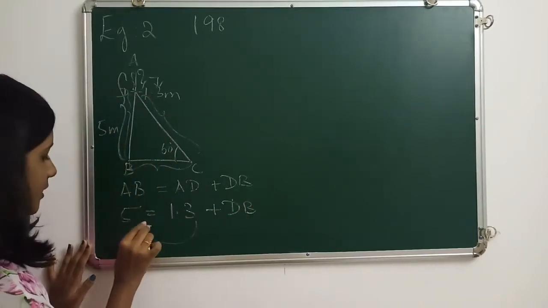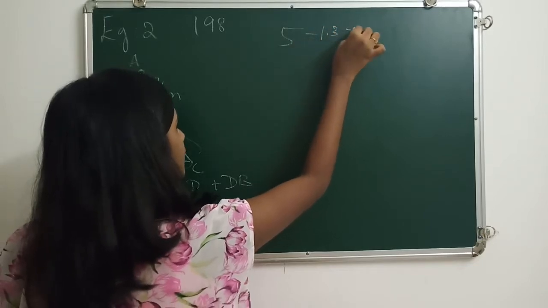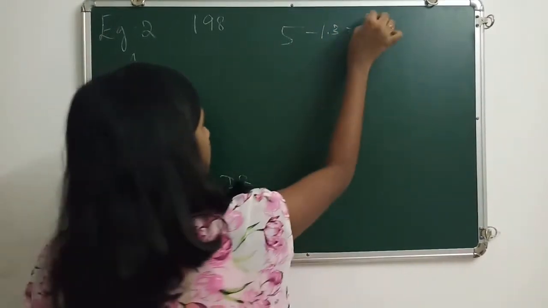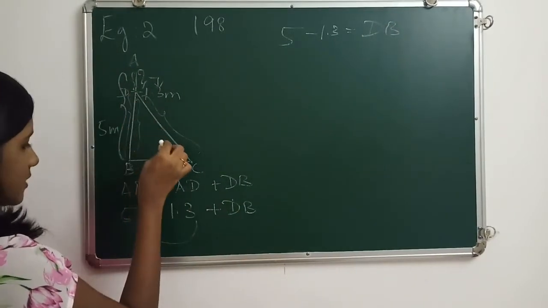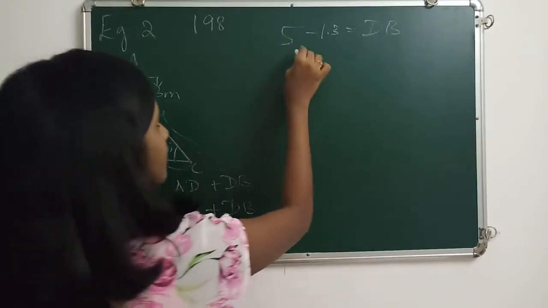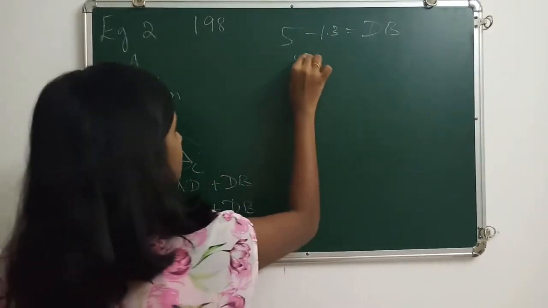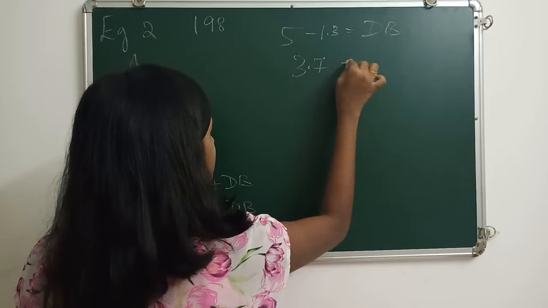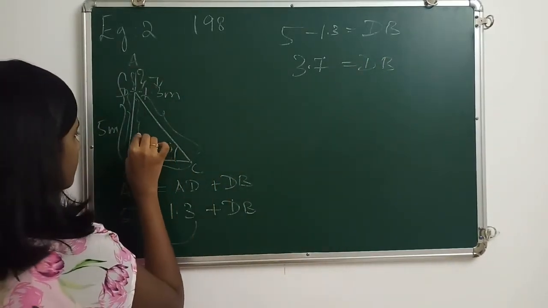Now bringing this here, we get 5 minus 1.3 to be the value of DB. So this part is 5 minus 1.3. Now 5 minus 1.3 is 3.7 as we know. Now we have got this value.